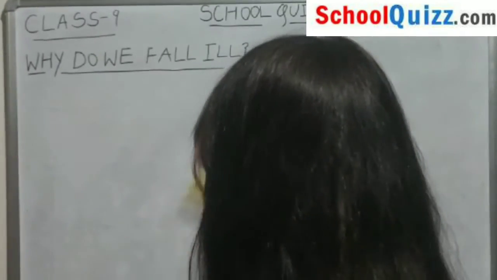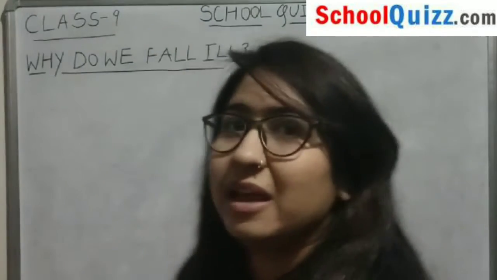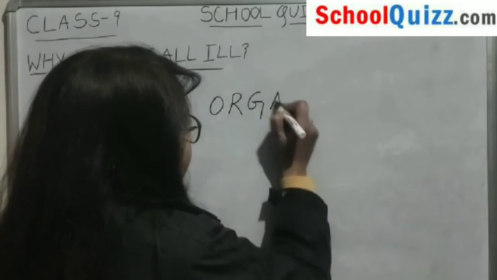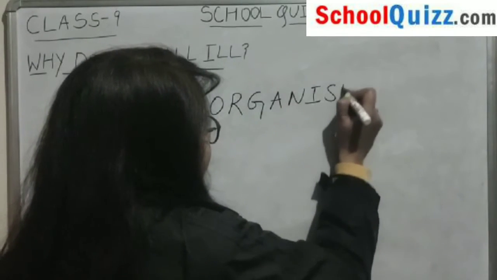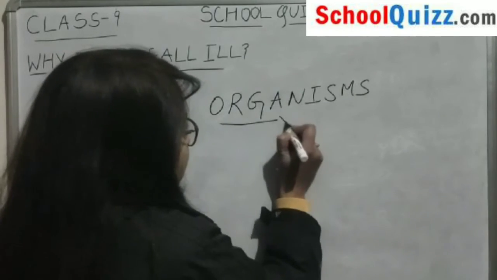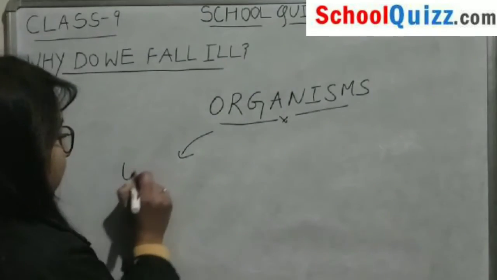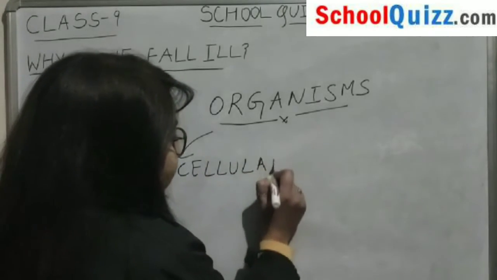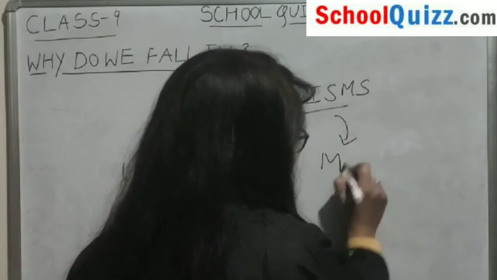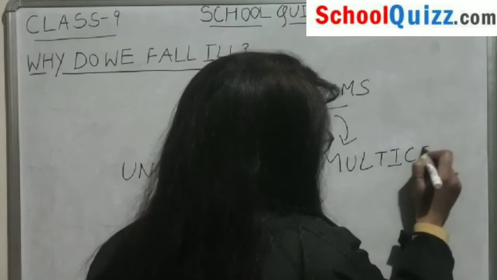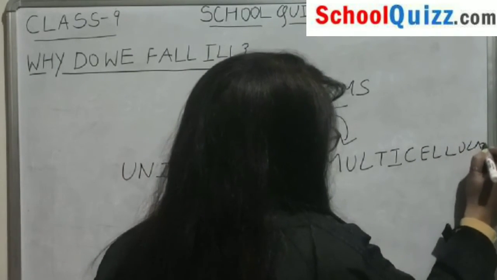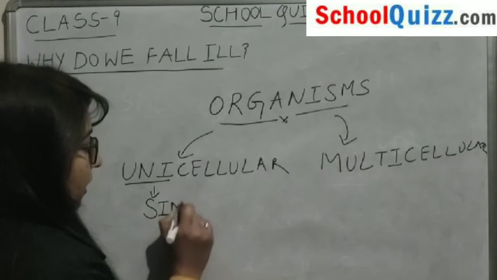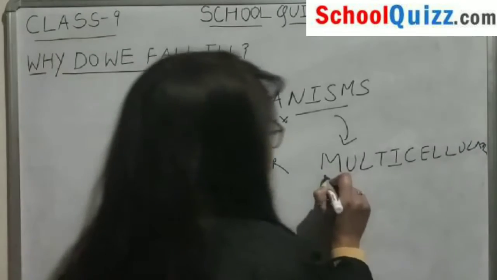The two types of organisms, based upon the cells, can be unicellular, or the organisms can be multicellular. The term uni signifies single and multi means many.